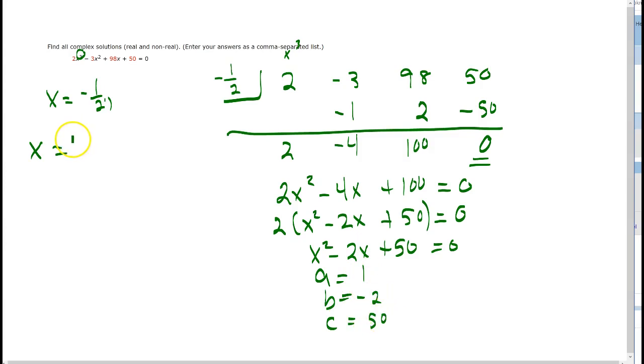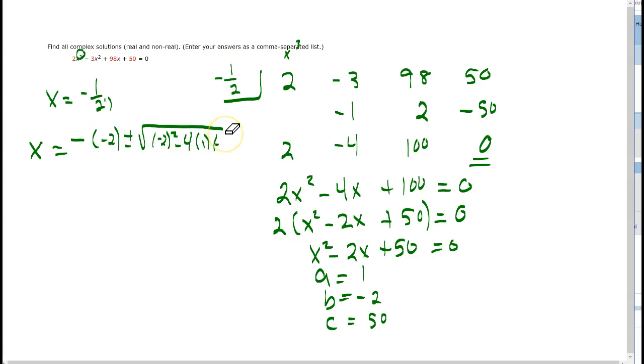So let's plug this in. Negative B plus or minus the square root of B squared, well, that's going to be negative 2 squared, minus 4AC. Oh, sorry, C is 50, not negative 2. Let me erase this right here and go back, and that's going to be 50.